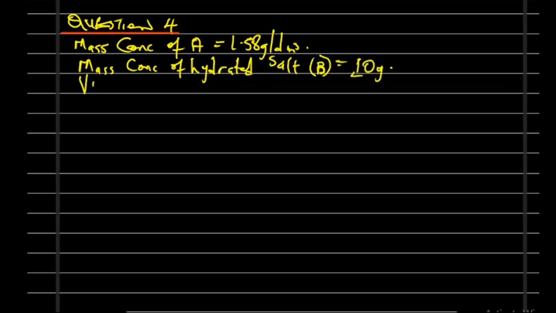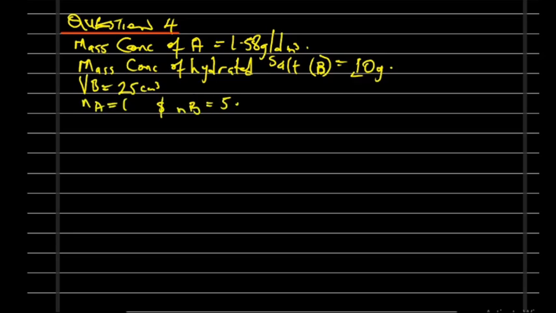So our VB, the volume of the pipette used, is 25 cm³. We have our calculation this way: we have our NA and NB. NA equals 1 and NB equals 5.